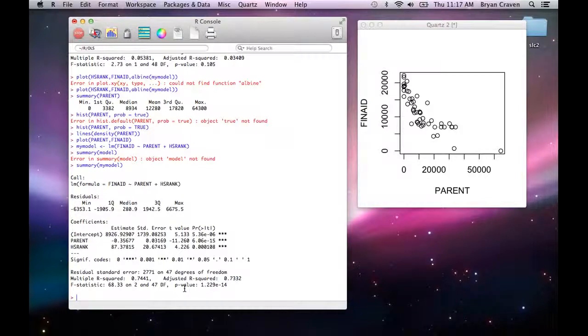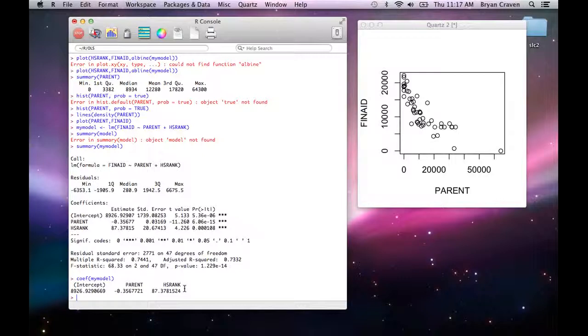Now we can go ahead and pull up the coefficients on their own, so that we can investigate the relationships between these independent variables graphically by themselves against financial aid. So if you say coef of my model, it'll pull up the three coefficients that we have there.